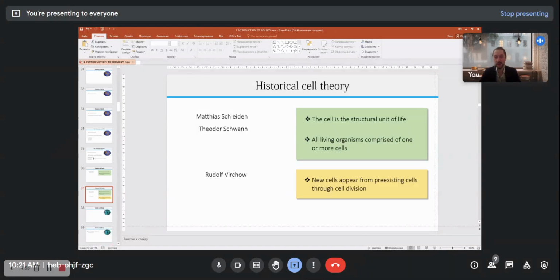And Rudolf Virchow added another important point to this concept that we call cell theory. His idea was that new cells appear from pre-existing cells through division. And this is absolutely relevant nowadays.